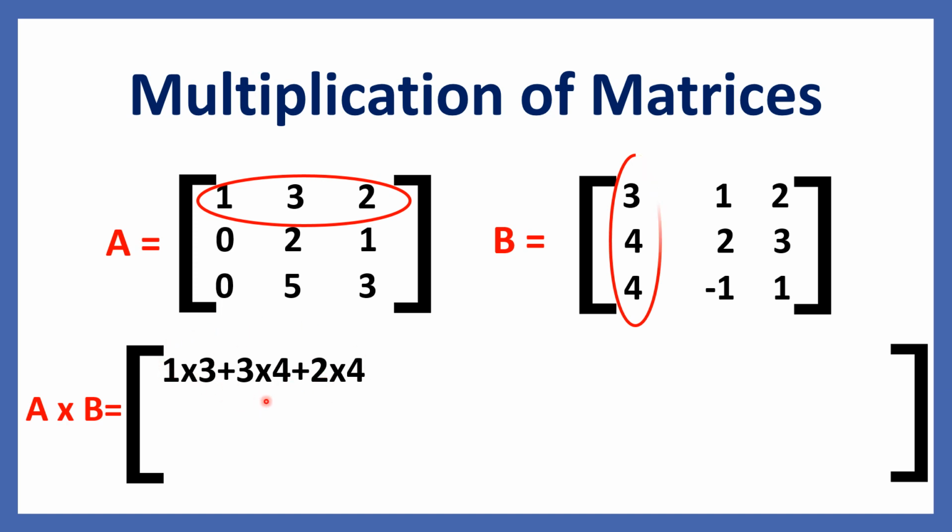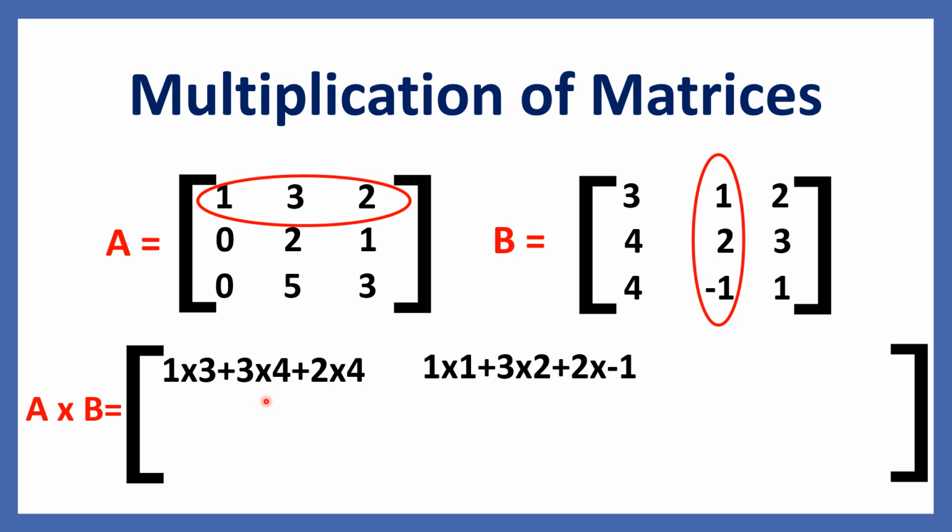Then we can consider the second column of matrix B. We are taking the first row of matrix A and second column of matrix B, and we get the values like 1 into 1 plus 3 into 2 plus 2 into minus 1. Thus we get this element.